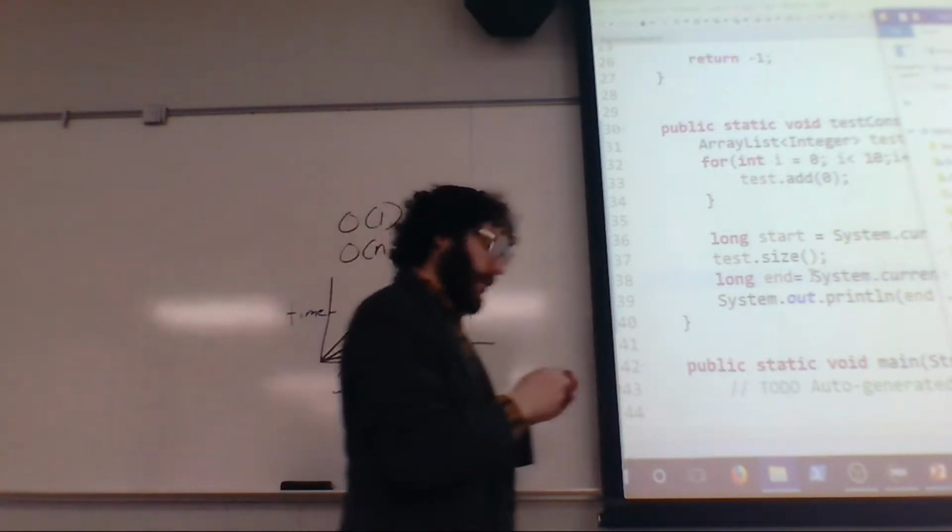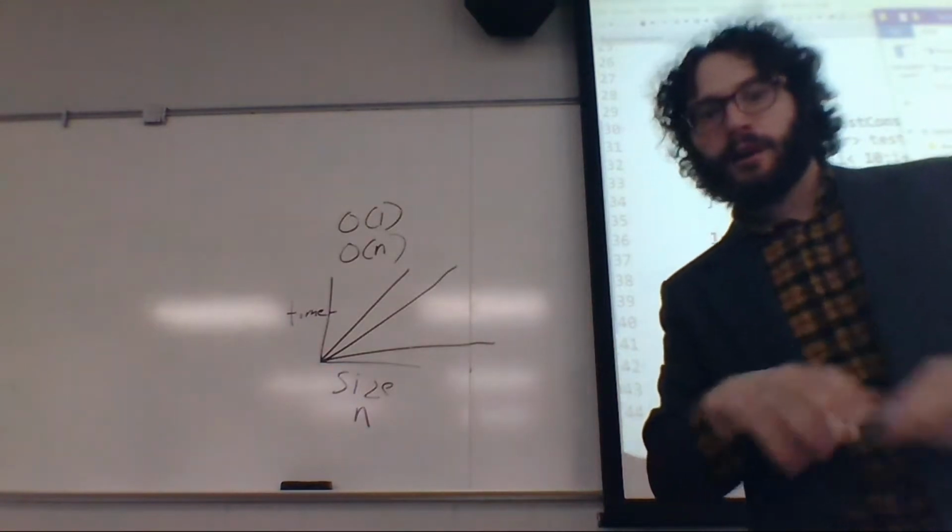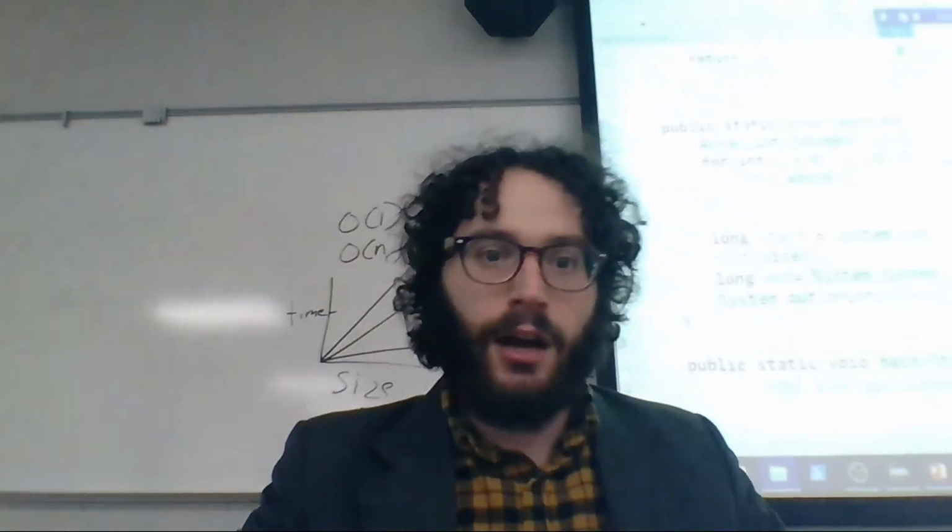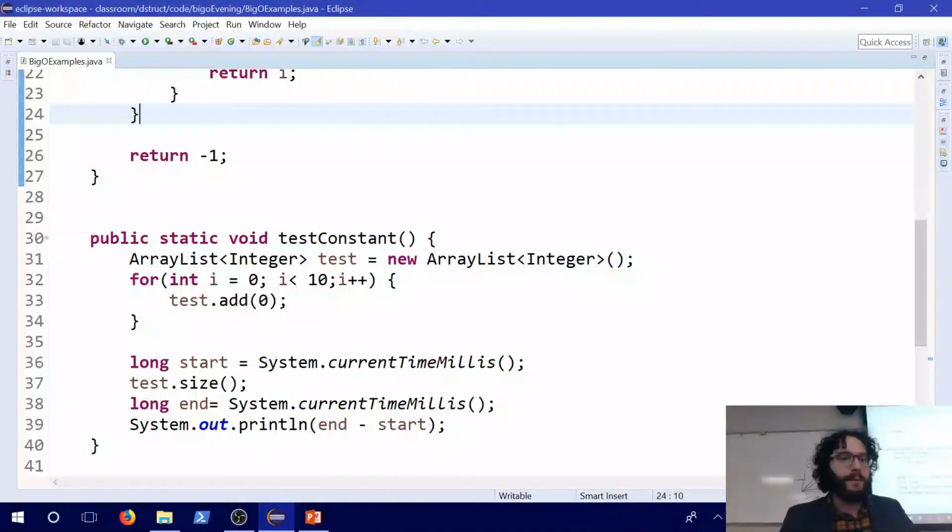Now, let's take a look at what I find is the easiest linear relationship to explain. When we do big O analysis, because we are eternal pessimists, or you should be at this point, because we know that nothing is going to work as expected and nothing's ever going to run the way we want it to, we never take into account the best case scenario, except when we are explicitly looking at that.